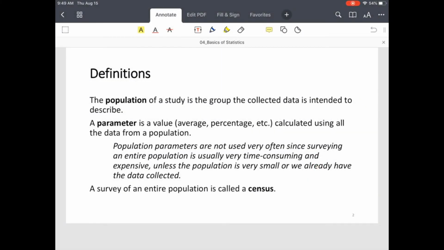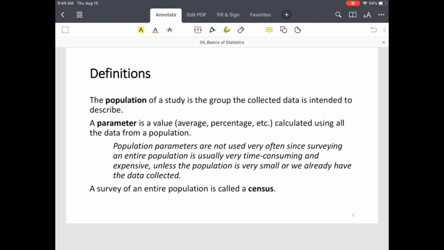Quick definition. We're going to start out with what's called a population in statistics. The population is simply the group or collection of objects that you're studying. Then you have what's called a parameter. A parameter is a value that's calculated using all the data from a population.